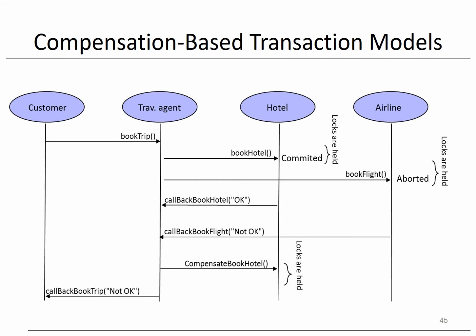In this example, the hotel service will specify a book hotel operation along with a compensate book hotel operation, whereas the airline service specifies a book flight and a compensate book flight operation. If the local book hotel transaction was committed, but the global transaction fails, then the compensating operation, compensate book hotel, will be invoked by the transaction coordinator.